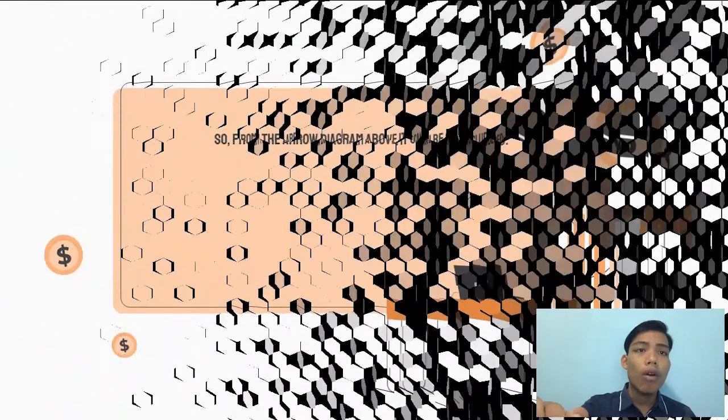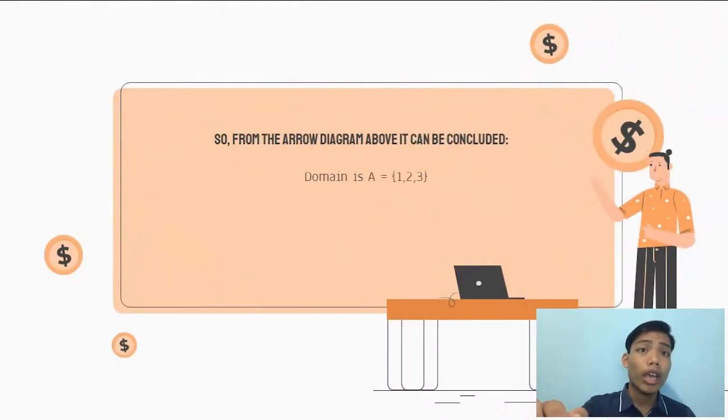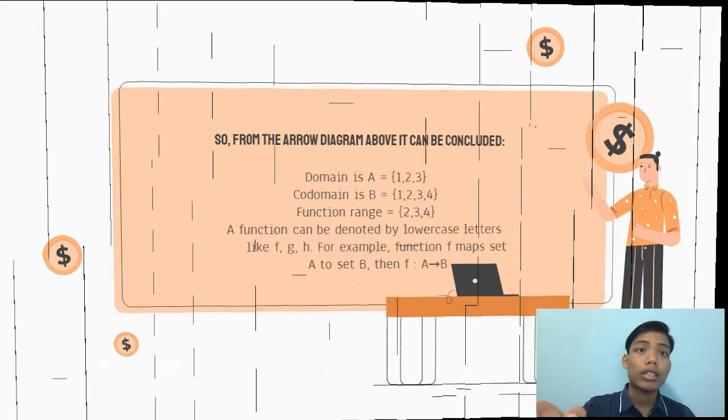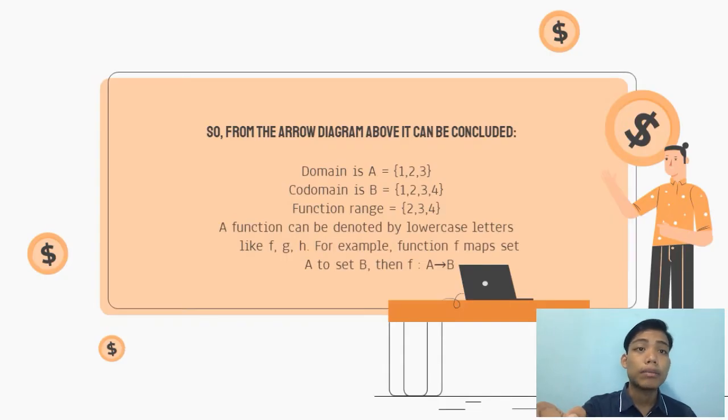So, from the arrow diagram above, we can conclude the domain is A, that is 1, 2, 3, the codomain is B, 1, 2, 3, 4, and the function range is 4, 2, 3, 4. Functions can be denoted by lowercase letters like f, g, h. For example, if function f matches set A to set B, then you can write it like that.